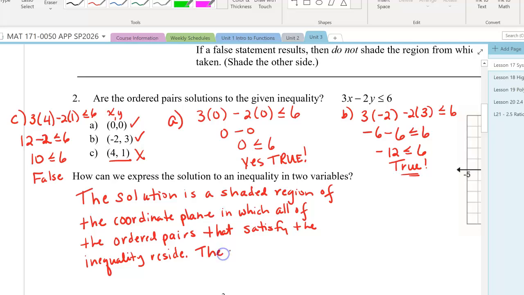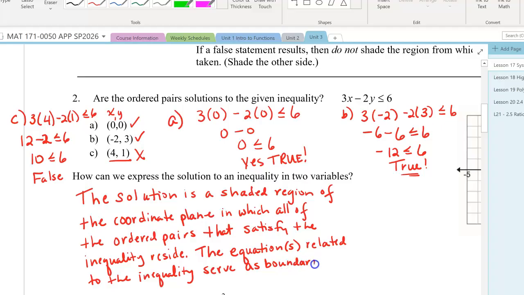The equation related to the inequality, or equations, serve as boundaries to this shaded region.